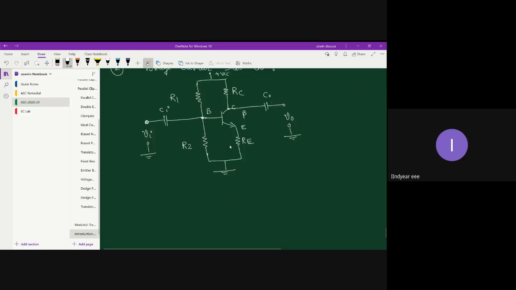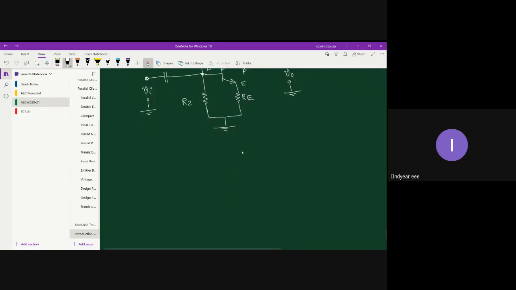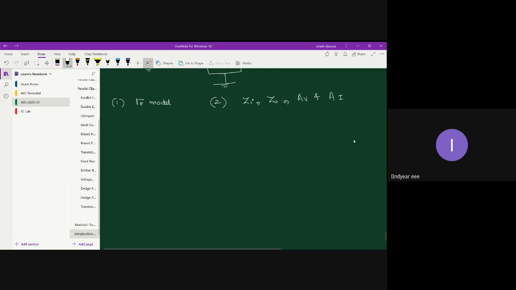So what you have to do is find the RE model. The first step is to find the RE model, and in the second step, you determine ZI, Z0, AV, and AI. Fine, so 5 minutes are there.